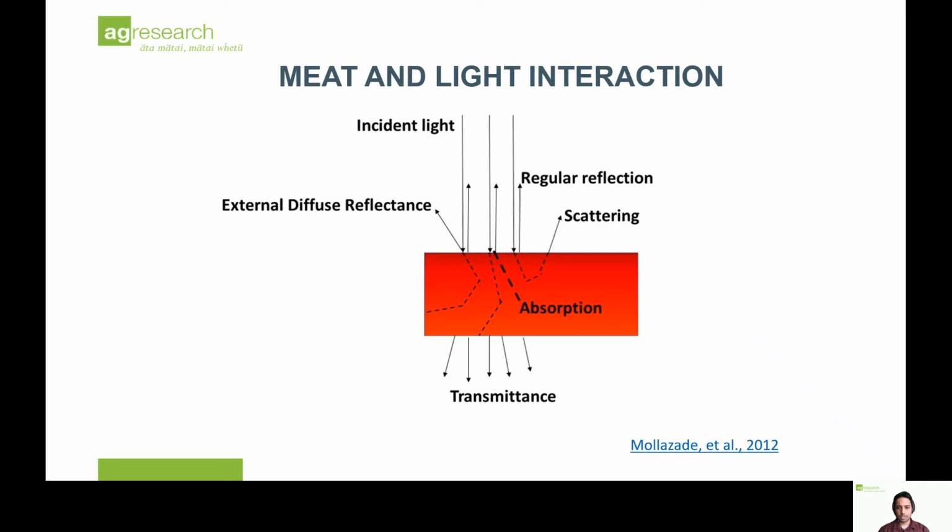Then there is a part of light which is absorbed, a part which is transmitted, and a part which is scattered. In terms of external diffuse reflectance, there are various factors which affect these measurements. That is your meat type, your muscle type, fiber direction, also animal related factors such as gender.